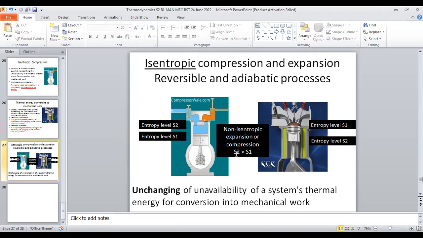If you take this for 1 kg, we call it specific, whilst if it is capital, it means for a given constant or fixed amount of mass. Now, put here S2 is greater than S1.